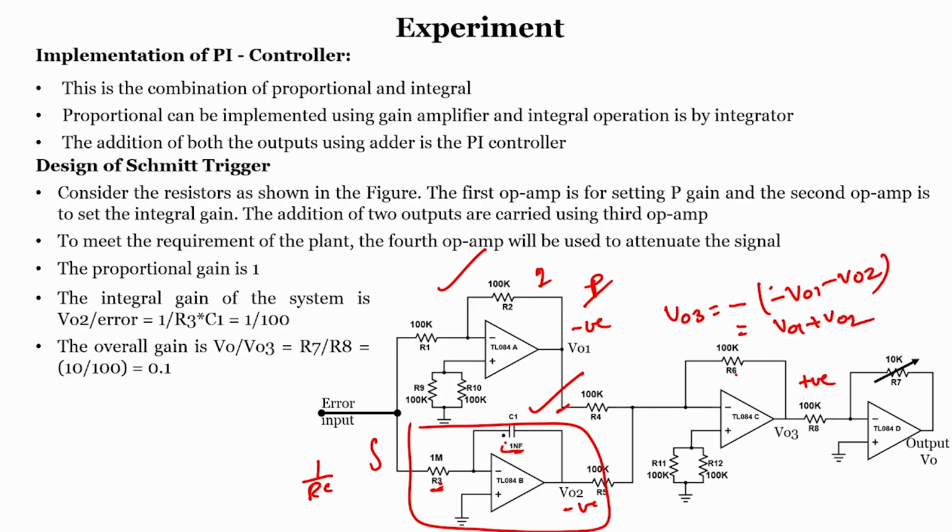So we are getting V03 as the required PI controller output, but the value will entirely depend upon the gain that we are setting here.